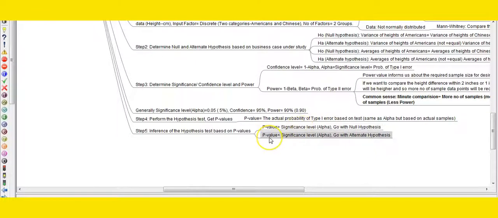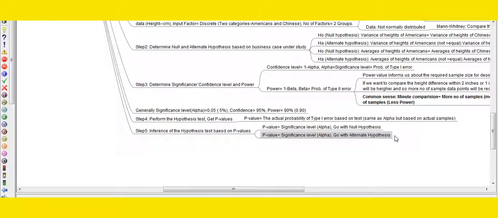But in case my p-value is lesser than the significance level, lesser than 0.05, I will go with the alternate hypothesis. I will decide that statistically my inference is that the alternate hypothesis is suitable for me.